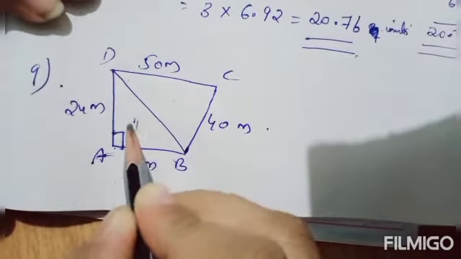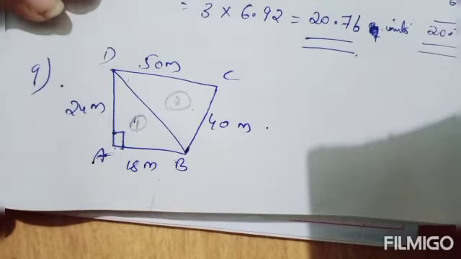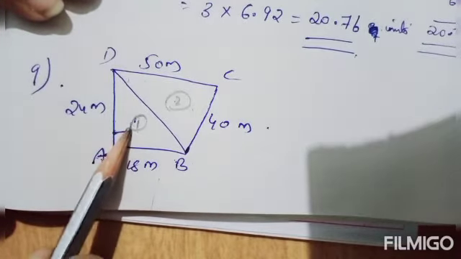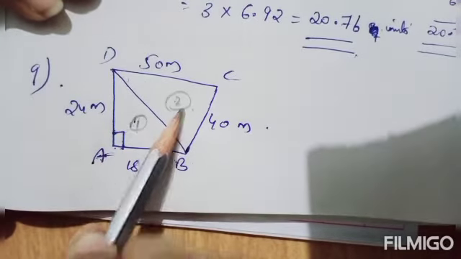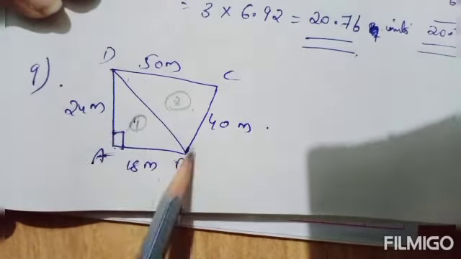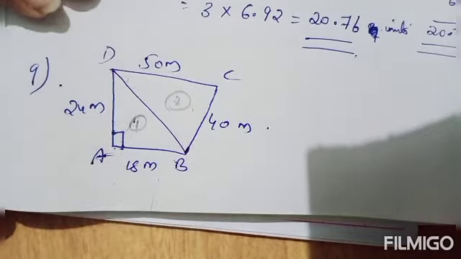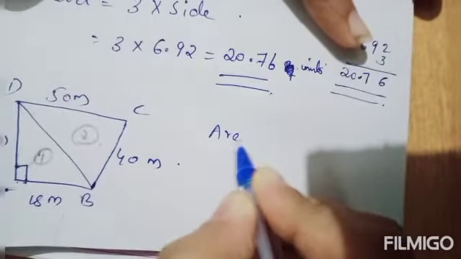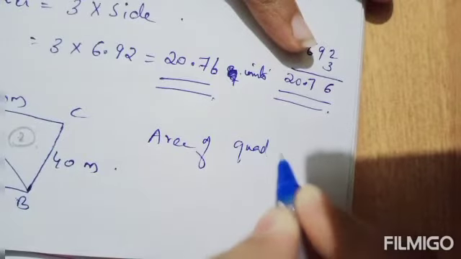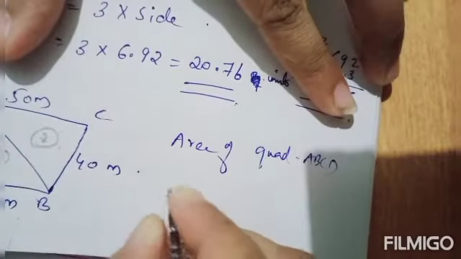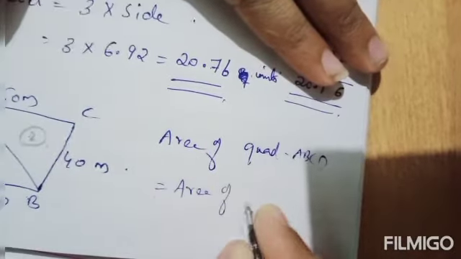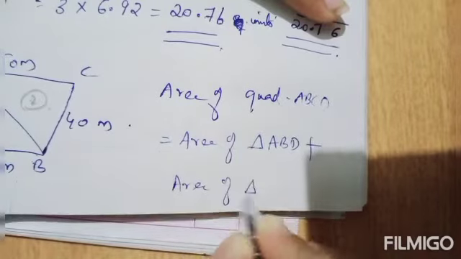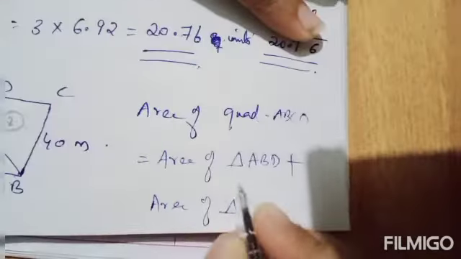If you find the area of the first triangle and the area of the second triangle and add those 2 areas, you will get the area of the quadrilateral. So here area of quadrilateral ABCD is equal to area of triangle ABD plus area of triangle BCD.